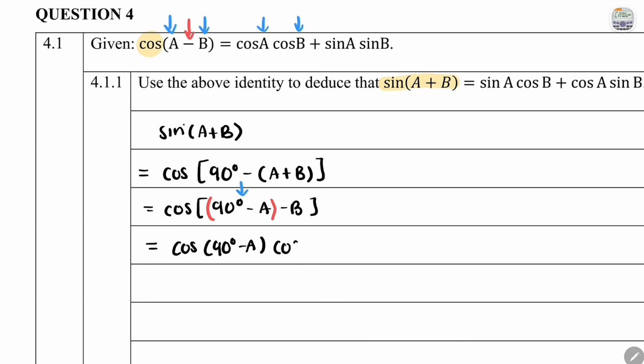So this becomes cos B, and then the sign changes to a plus. So we'll also go ahead and change that to a plus, and it is sine A, so sine of that first angle. So we'll also just say plus sine of 90 degrees minus A, and then sine B, so sine of our second angle, which is also B, just like this.